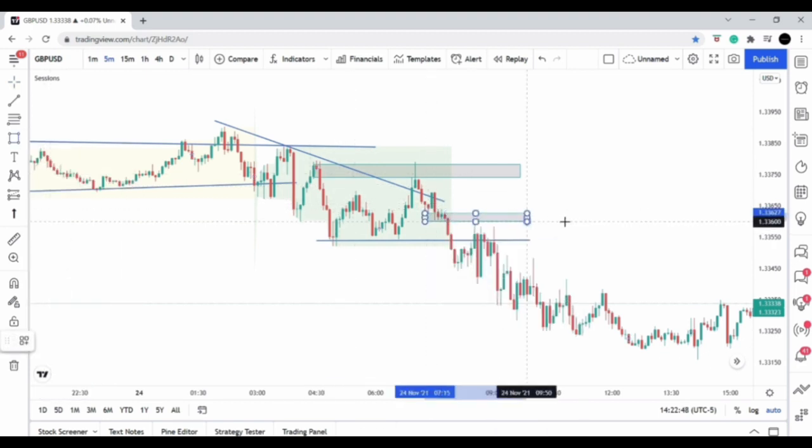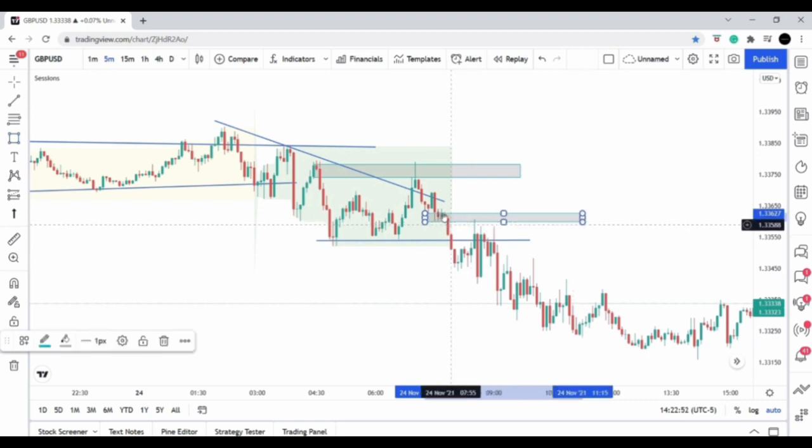So this little pause right here and drop. We have a pause and a drop, came back to that. So nice rejection right here, but anybody that's new will probably see this first. So we have rejection, making new low right here, rejection.